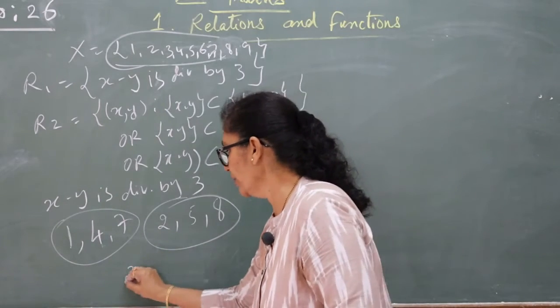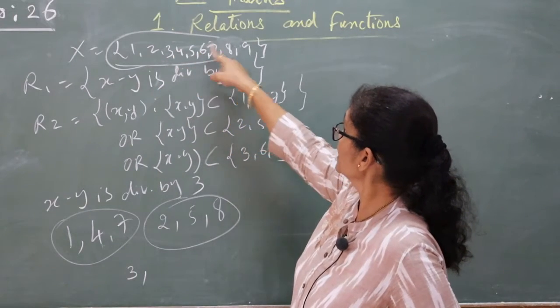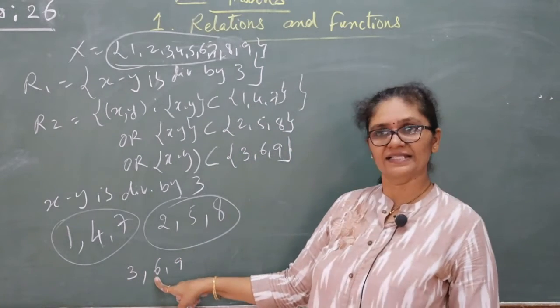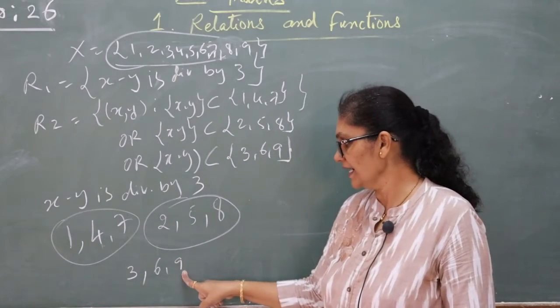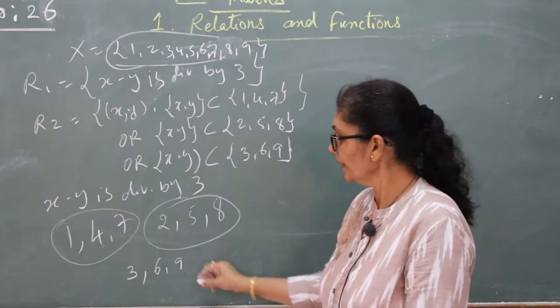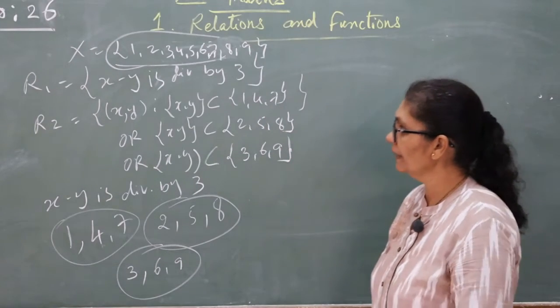And let's take 3. If I choose 3, then the next number will be 6 and the last number will be 9, because the difference of 3 and 6 is 3, of 6 and 9 also 3, and of 3 and 9 is 6. So all three numbers are multiples of 3.